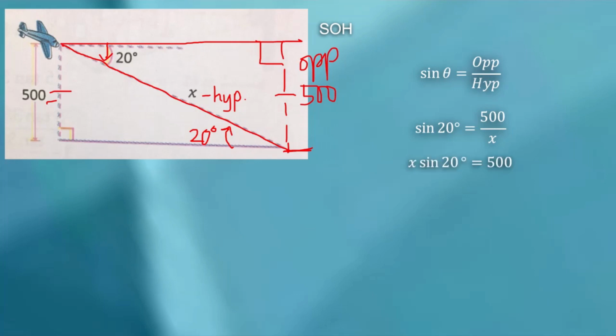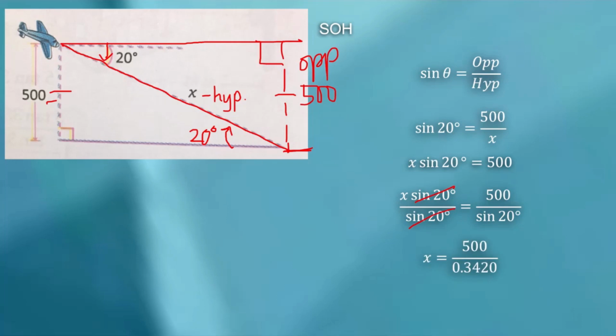And by cross multiplication, ganyan po. Then, divide both sides para po ma-isolate natin yung x sa left side of our equation. Maka-cancel na yung sin 20 over sin 20. That is x is equal to 500 over sin 20.